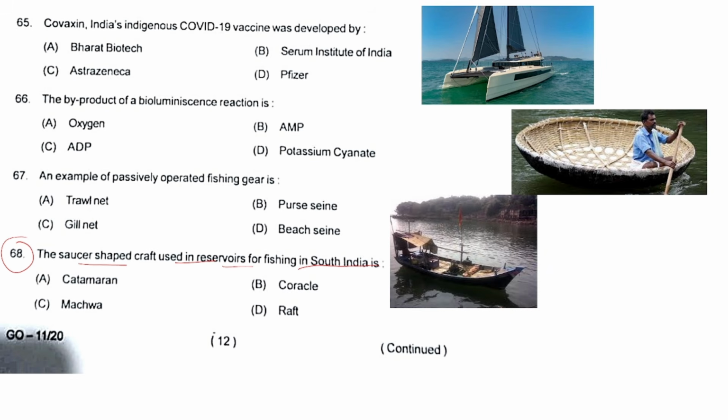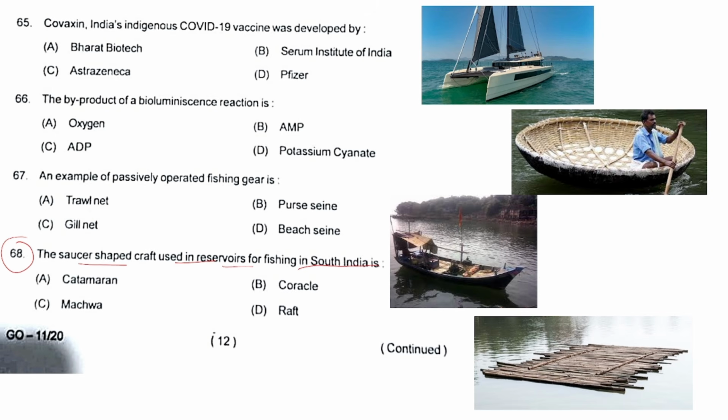Machua looks like this. And option D is your raft. Raft looks like this. So now you can make a good guess which one must be used by the South Indian people. It is option B, that is the coracle. Okay, coracle is used. Option C, that is the machwa, is used traditionally by the Maharashtrians. It is a Maharashtrian fishing boat.